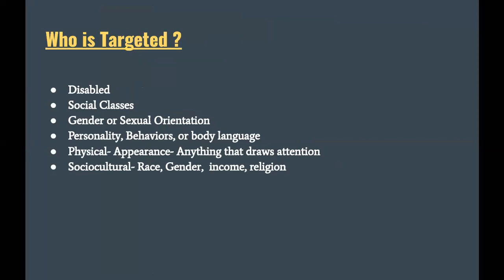It could be your behavior or your body language. It could be your physical appearance, anything that draws attention to them that they like about you. It could be your social culture, like your race, your gender, your income, your religion. It could be all of those things. There are various reasons why they attack victims.